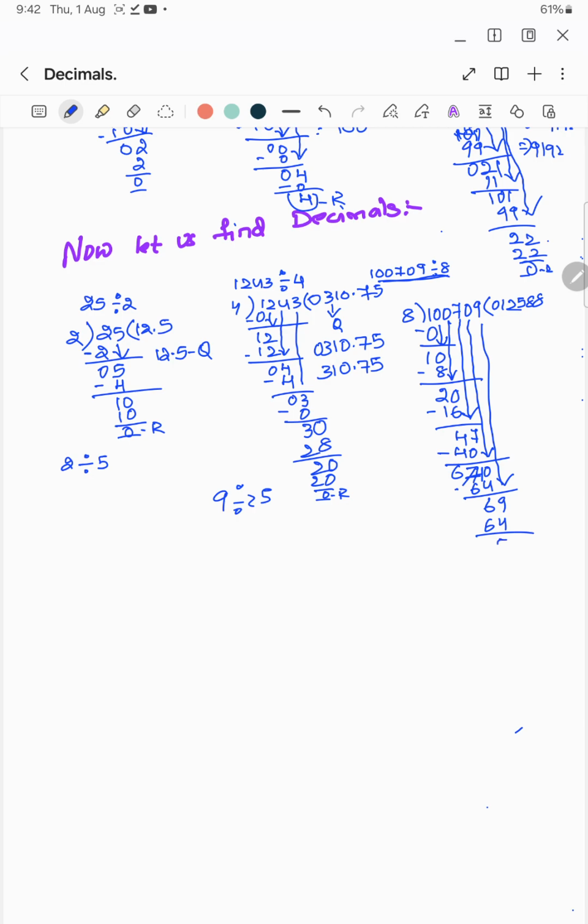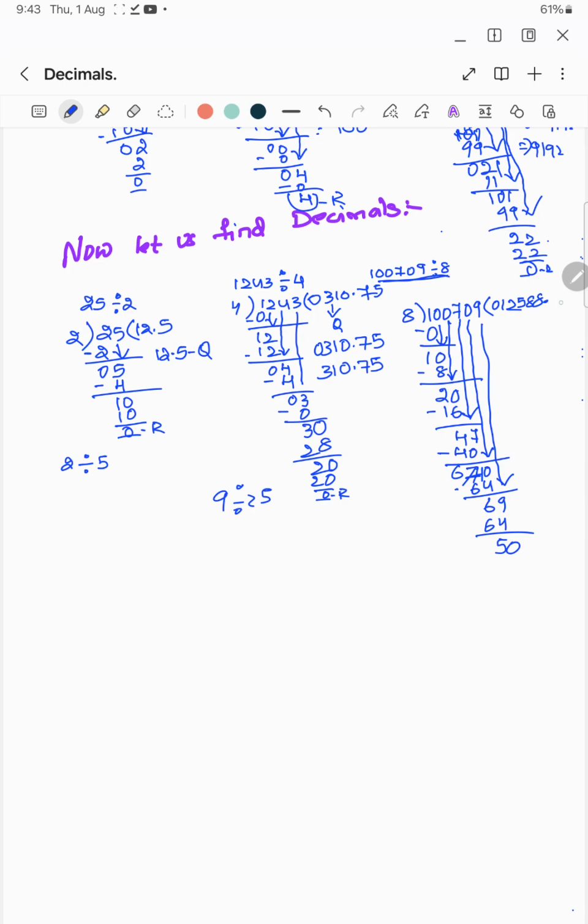We got the remainder 5, and there are no more numbers. Now we want to find the decimal part after getting the remainder. So we add a dot here and add a 0 here.